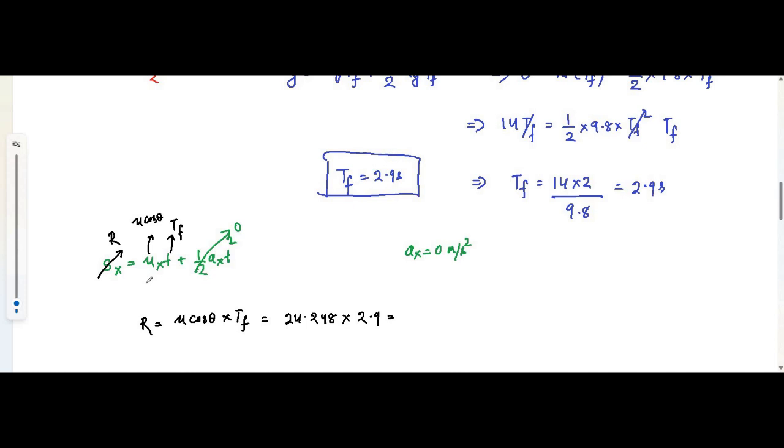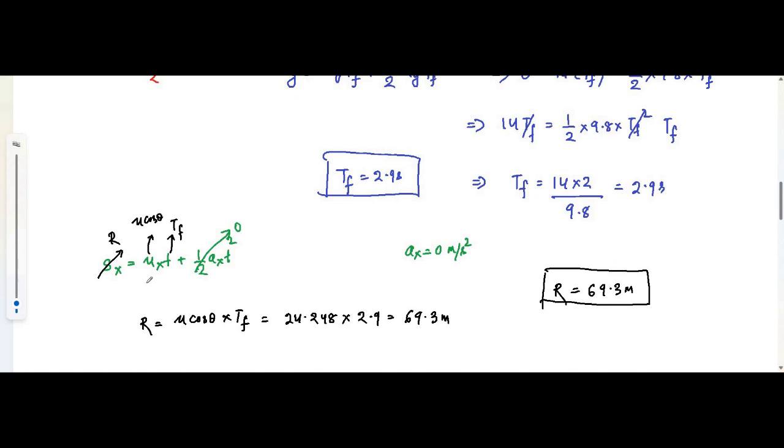So the result is coming 69.3 meters. 69.29, so rounding it off, 69.3 meters, which is the same result. R is equal to 69.3 meters. So again, whichever approach you use, whether you use the formula approach or the component analysis approach, you will get the same result, but always have the formula ready with you.